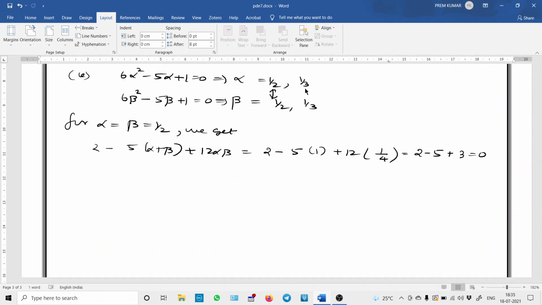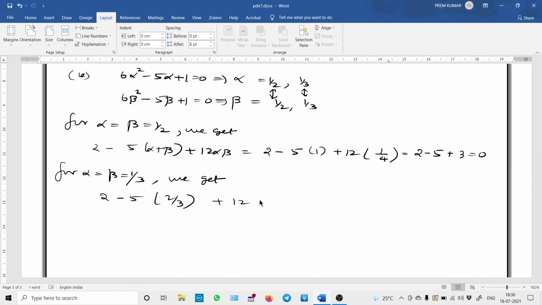Then again we take this combination, alpha equals beta equals 1 by 3. We get the same thing: 2 minus 5 into 2 by 3 plus 12 into 1 by 9.